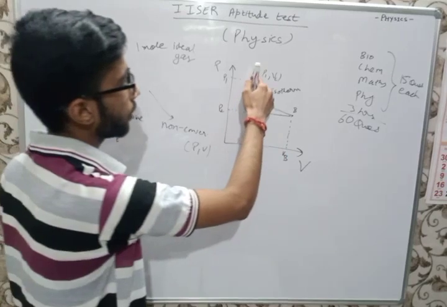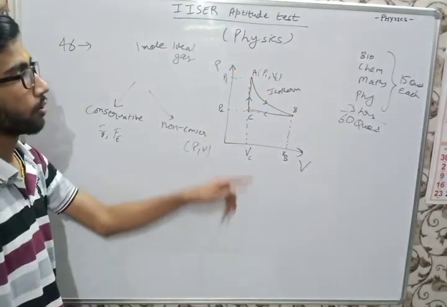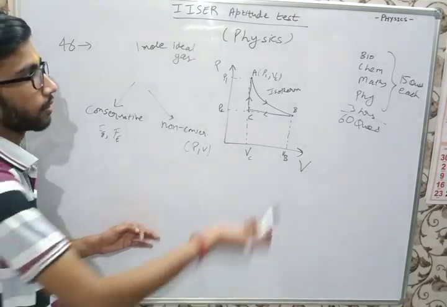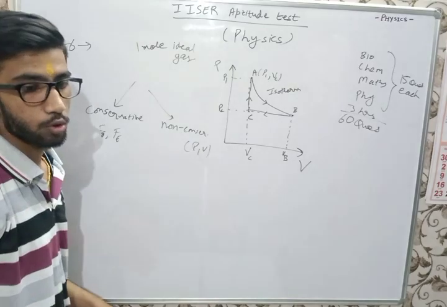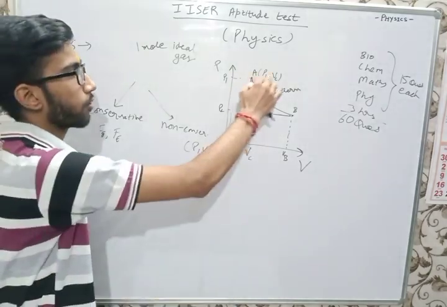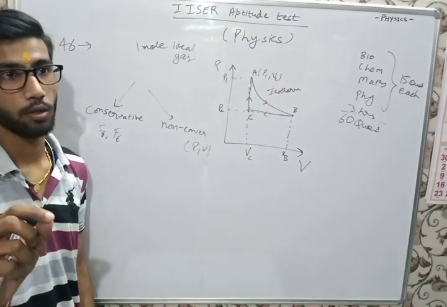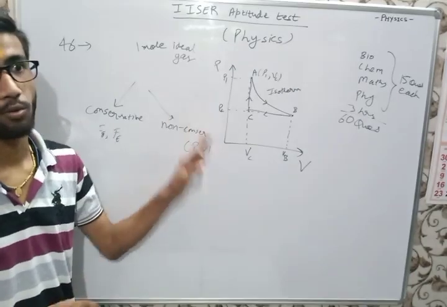So you have to calculate the total work done, A to B plus B to C plus C to A. You cannot say that if you start from A and go back to A, the total work done is 0. It is not 0, even though you have returned to the same position, because work done depends on the path for a pressure volume system.